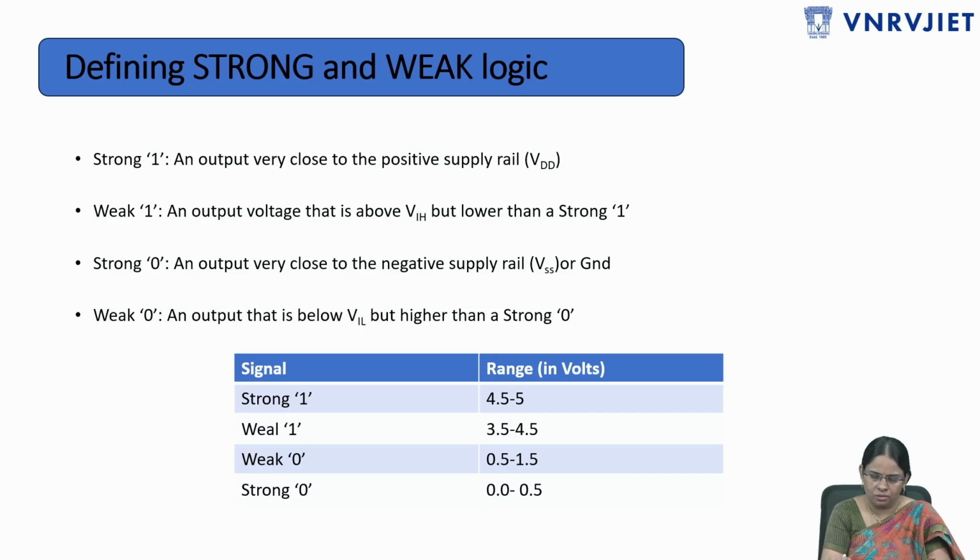If it is below 4.5 volts and up to 3.5 volts, then it is weak 1. For strong 0, the voltage should be from 0 to 0.5 volts. Weak 0 stands for 0.5 to 1.5 volts. In some cases, a negative voltage is also considered strong 0.